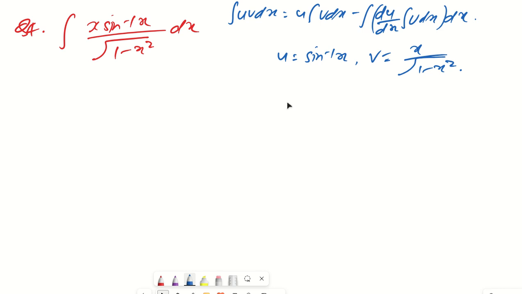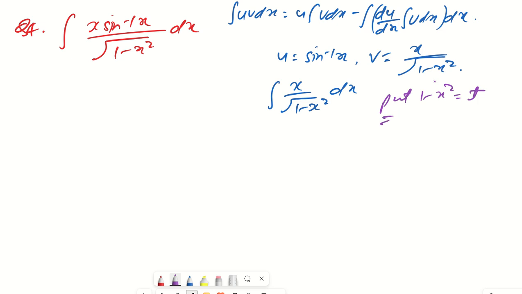So our aim would be to find the integration of x by root under 1 minus x square. So first, why don't we do one thing, we will just find the integration of x by square root of 1 minus x square separately. Okay, so we can put 1 minus x square equal to t.